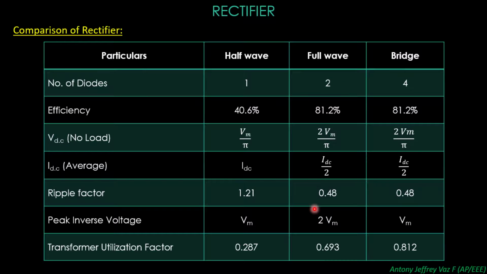So on comparison, you can see this is the comparison for half wave, full wave and bridge, and here some particulars are the number of diodes, efficiency, DC voltage, average DC current, ripple factor, peak inverse voltage, and transformer utilization factor. So you can go through these comparisons.